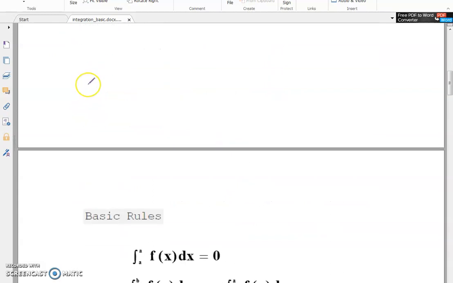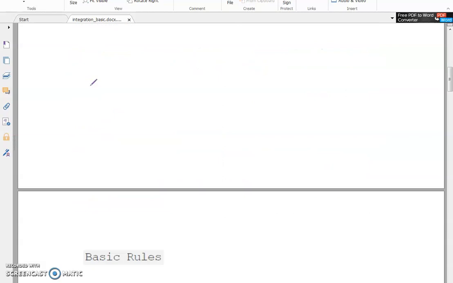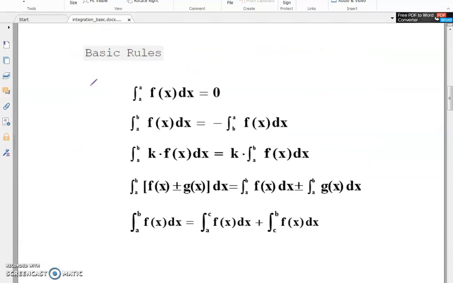Another thing we can use to determine the antiderivative is the basic rules here, where f(x) refers to a function.